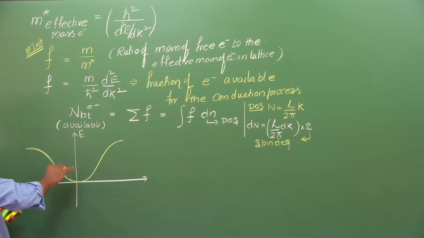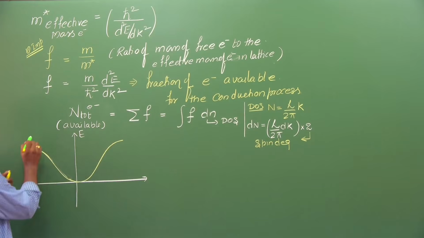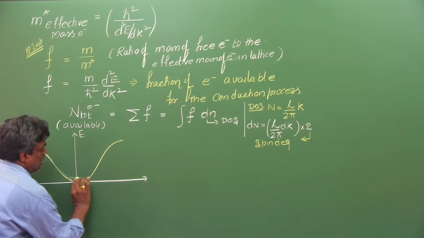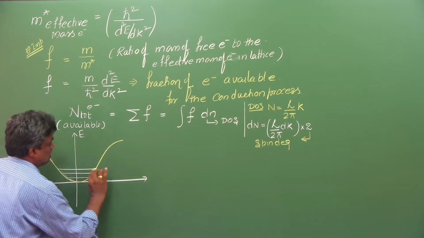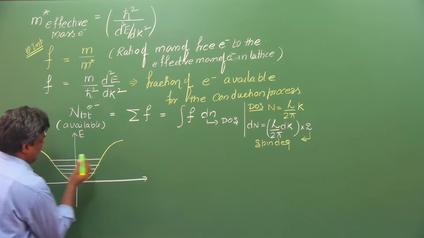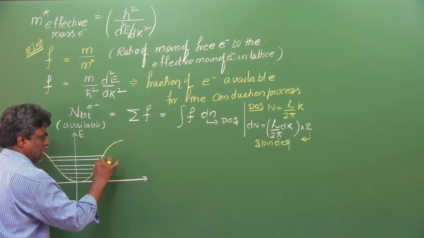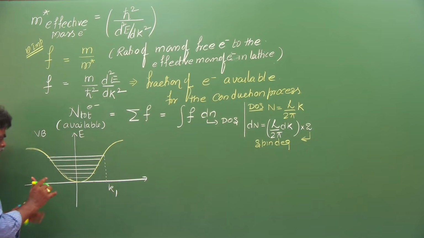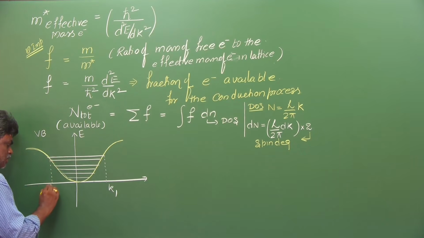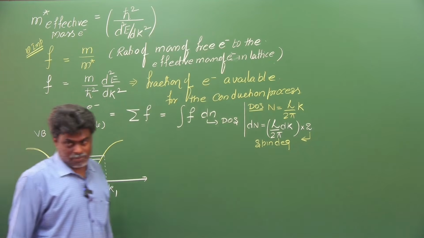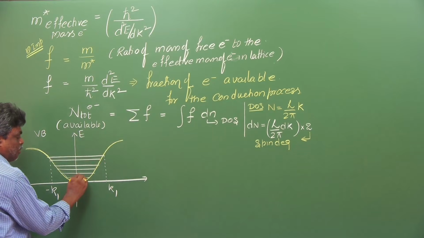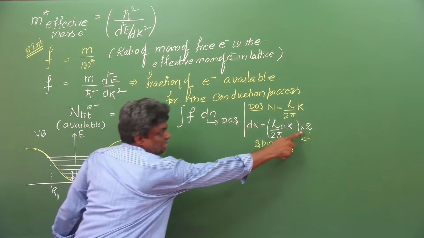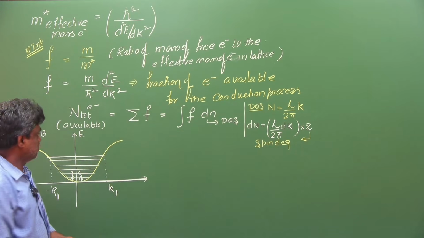This is where the valence electrons are present. Now I am assuming the electrons are filled in the levels up to a certain k value. I don't know what it is, I am just assuming it as k1, and this is minus k1. Now here we have one electron up, one down, something like that. That's why we have taken 2. Does everybody understand?